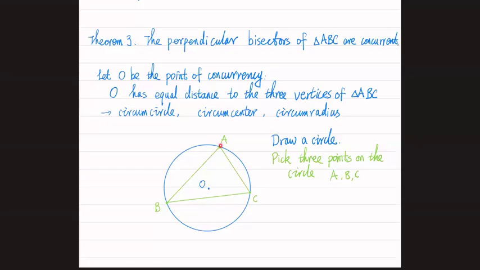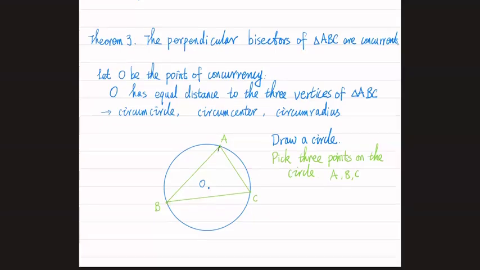Because the 3 points are on the circle, they have equal distance to the center, which is the radius of the circle.